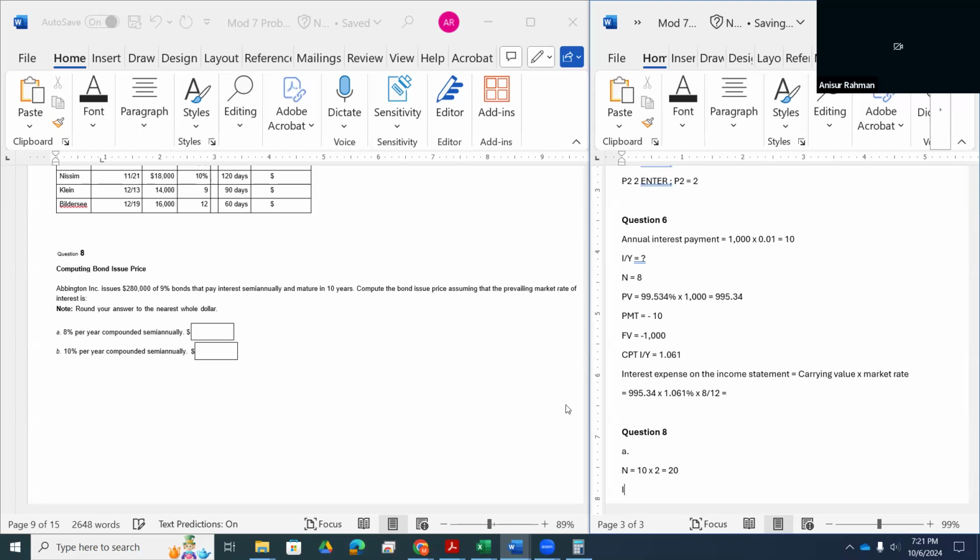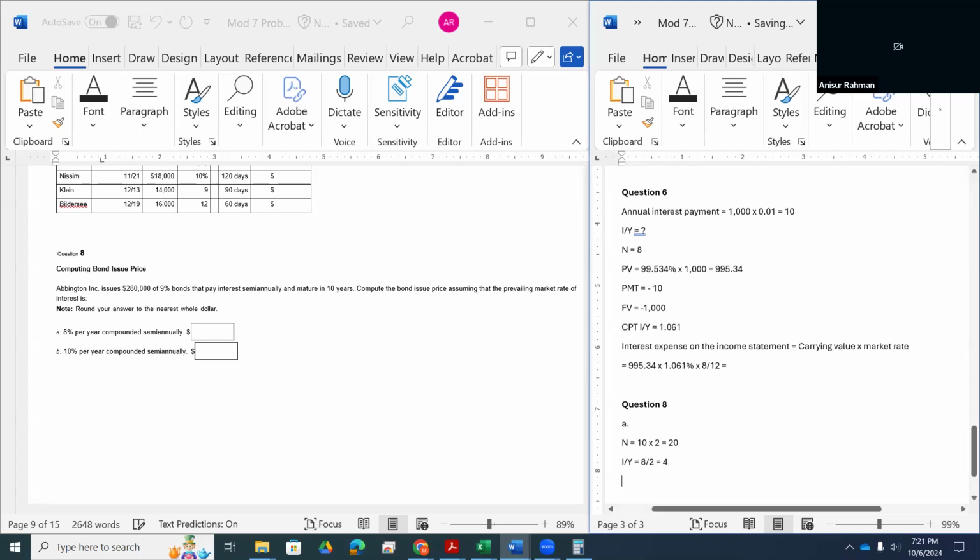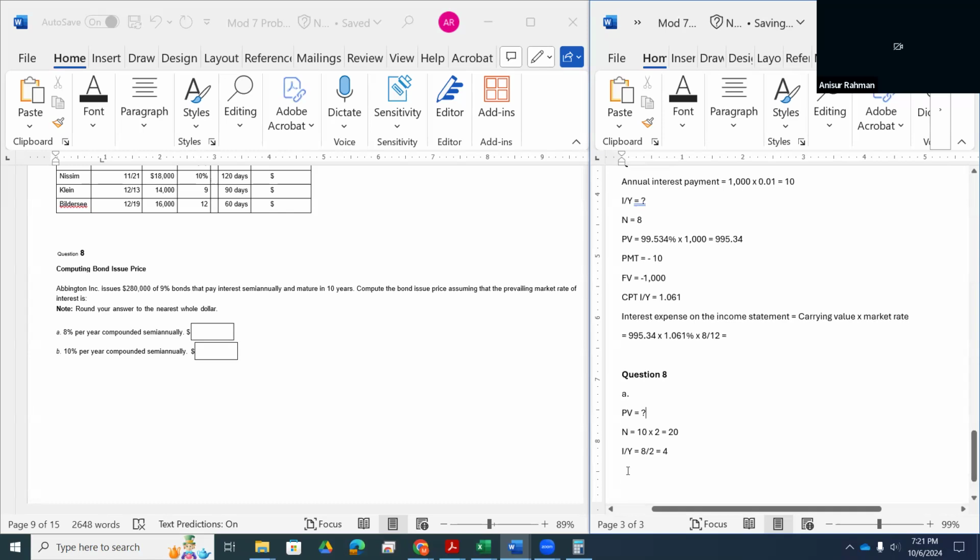Now I over Y, which is the market interest rate, is 8% divided by 2, semi-annual. And then we have to find out the bond issue price. We have to find out payment. So I'll skip the present value.